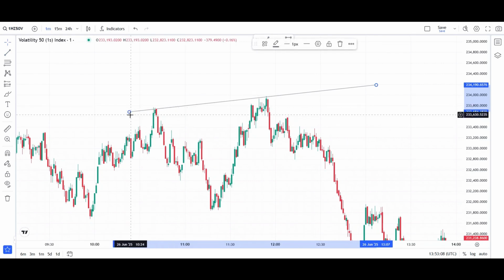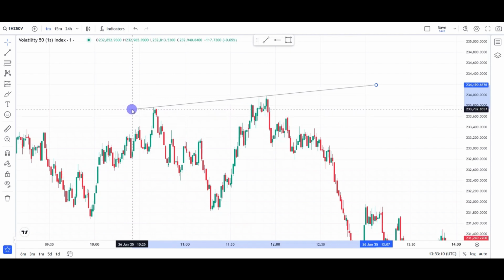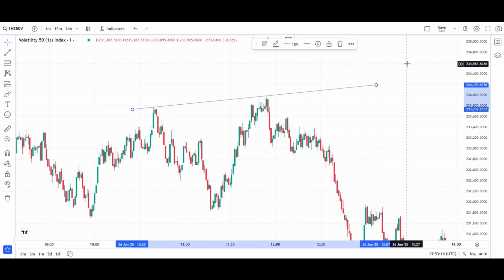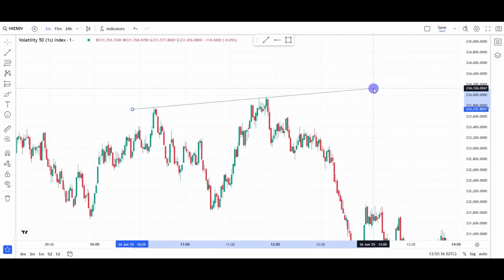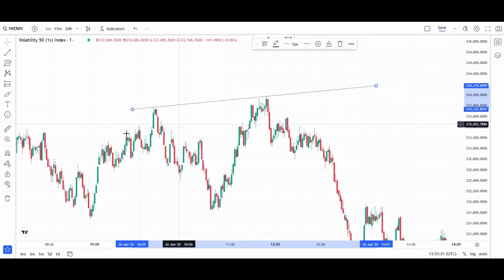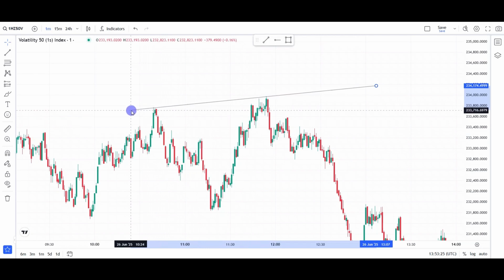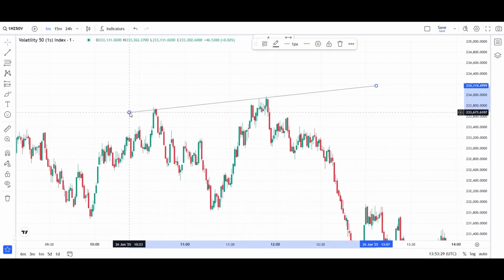So a lot of people usually draw their lines like this. I won't say a lot, but a lot of people that I've seen, or that I know, like to put their lines on that tip. Maybe I'm wrong, but usually I like to put it on that previous high.